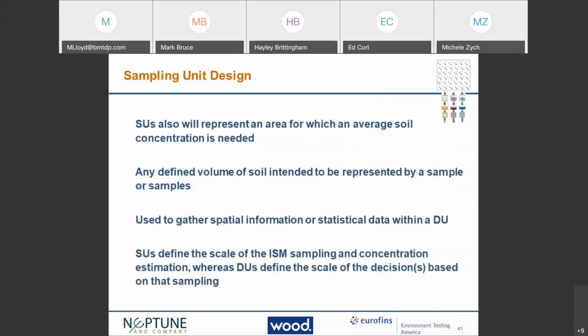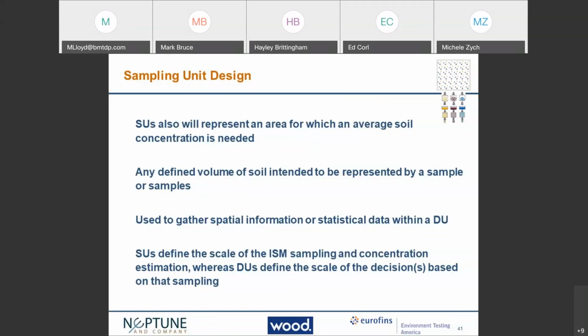And then on the other hand, there's what you'll come across in the terminology as a sampling unit. A sampling unit also represents an area for which an average soil concentration is needed. It's any defined volume that is going to be represented by a single sample. Now that's very similar to a DU.